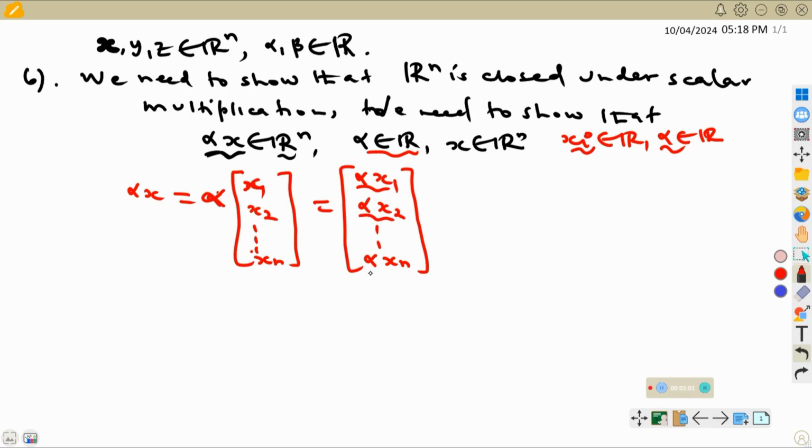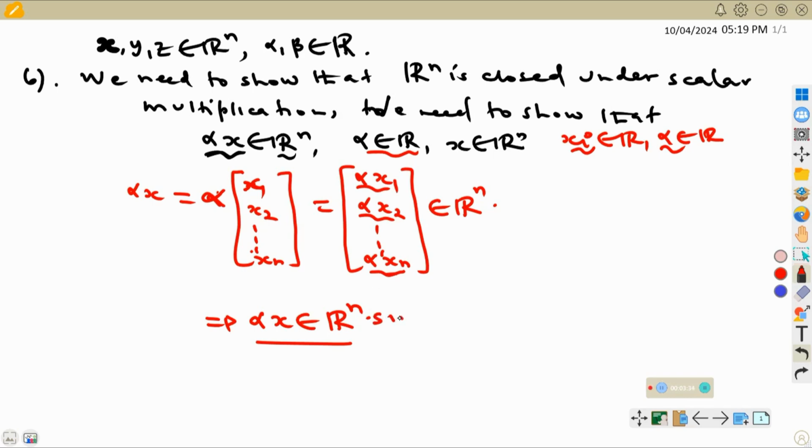These are real numbers, and there are n entries, from this one up to this one here. So clearly, if these are n entries, then they are in R to power n. So from here, we can therefore say that alpha times x is an element of R to power n.